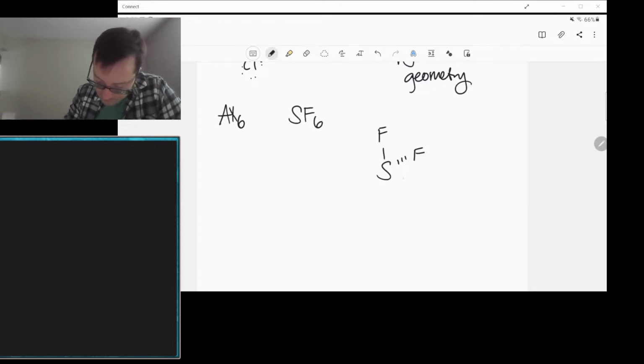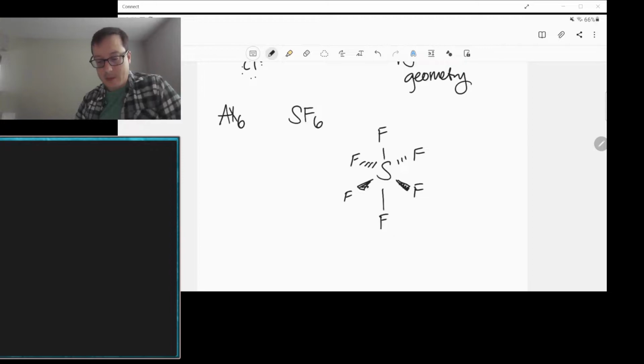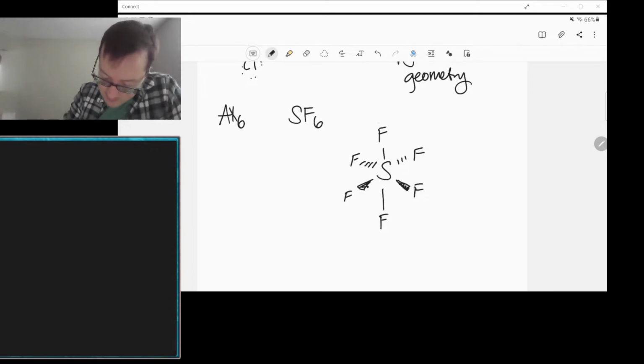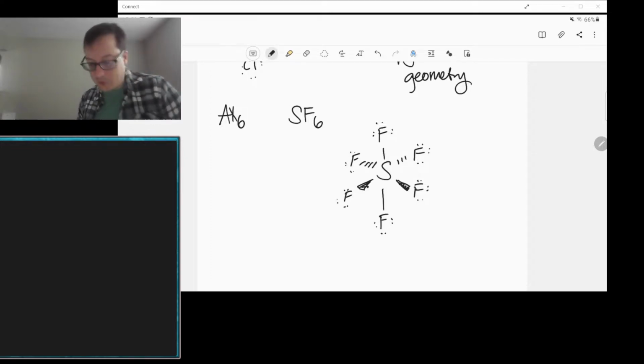And I'm going to go ahead and just do it with the geometry. So we're going to see that this one, lone pairs, this one will look very similar to the trigonal pyramidal.